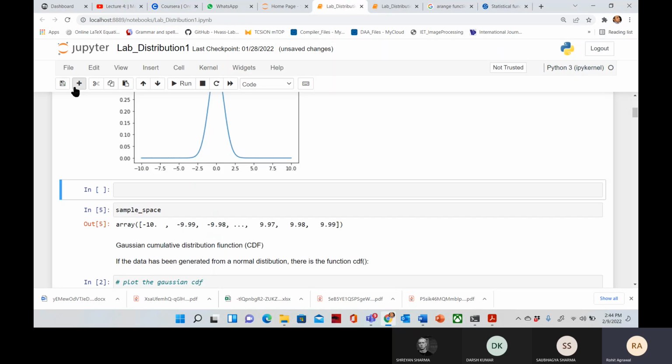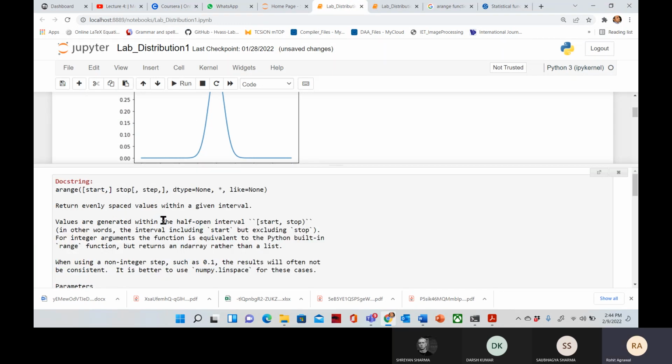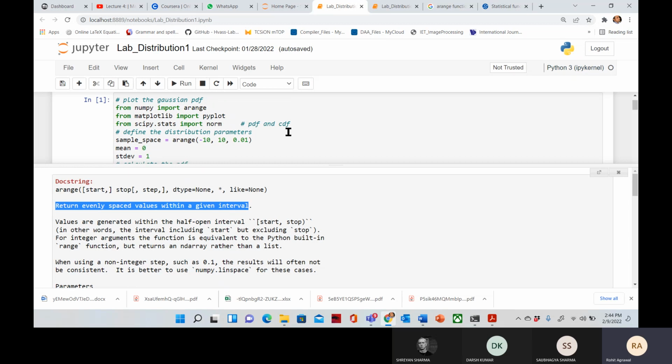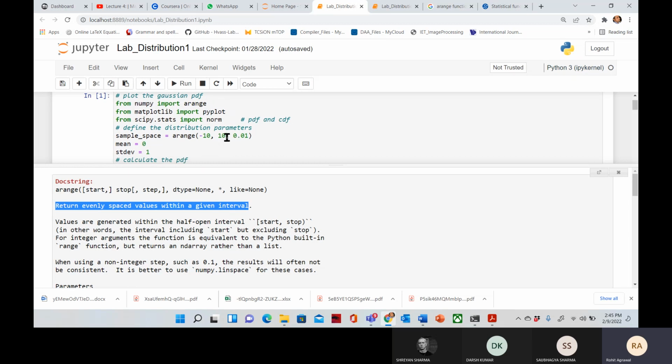Suppose I will show you what is arange. Arange returns evenly spaced values within a given interval. See, I am using minus 10 to 10.